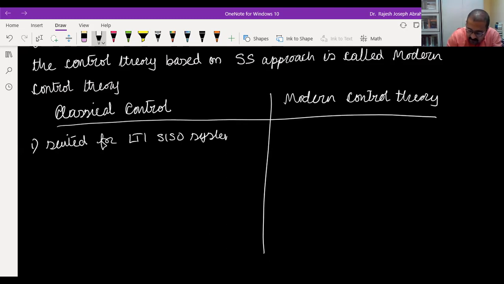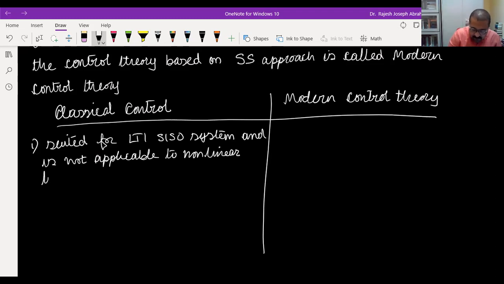What is an LTI SISO system? It means linear time invariant, single input, single output systems, and it is not applicable to non-linear, time varying MIMO systems. What is MIMO? Multi-input, multiple output systems.